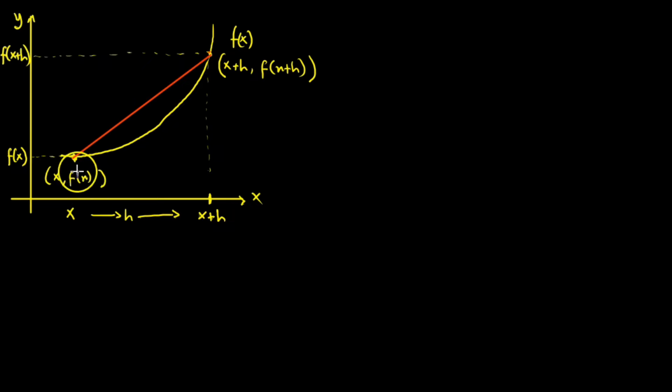And in this case, if I work on finding the gradient on this straight line, that will give me the gradient m equal to the change in y over change in x.